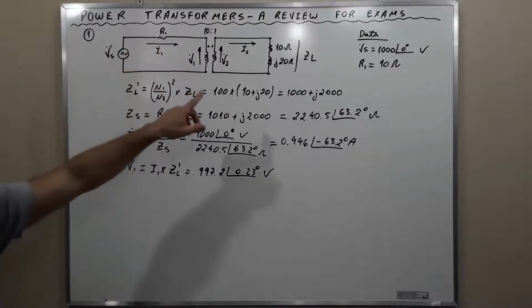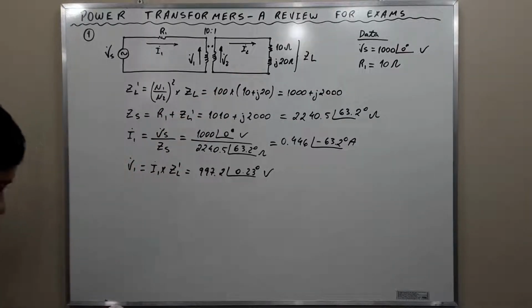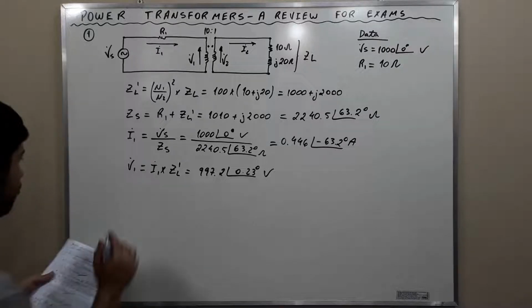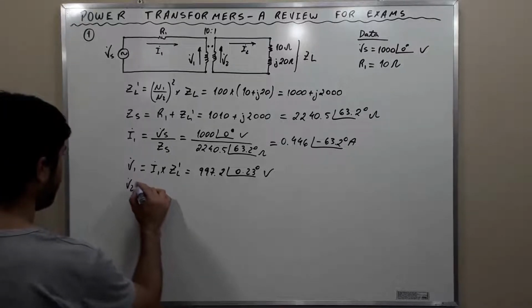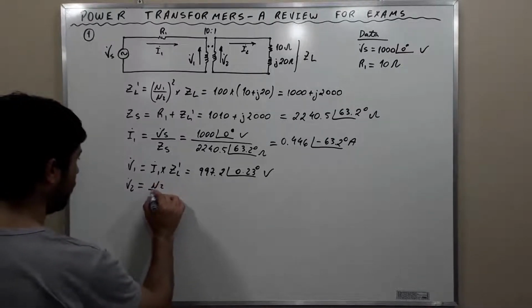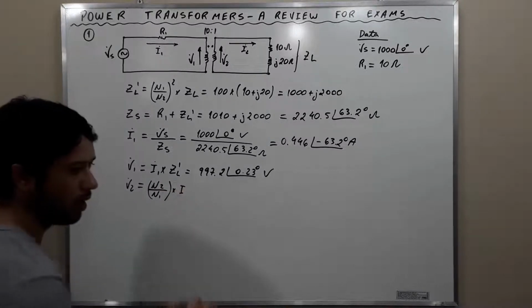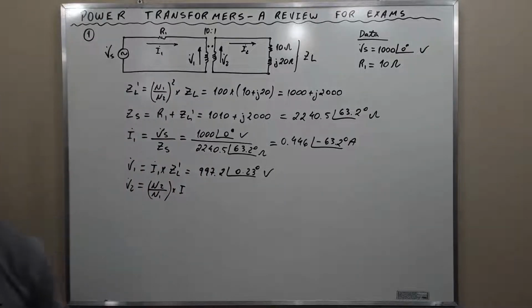Now we are going to compute V2 and I2. We're going to need to use the turns ratio of the transformer to compute the secondary current and voltage. V2 is going to be equal to N2 over N1 times V1.